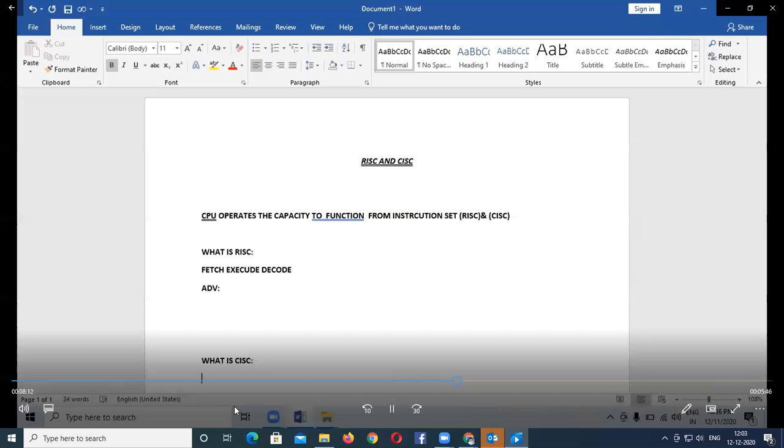Then CISC supports high level language for simple compilation and complex data structures. So this is one of the characteristics also. It is characterized by more addressing modes and fewer registers, normally from 5 to 20. For writing an application, fewer instructions are required.